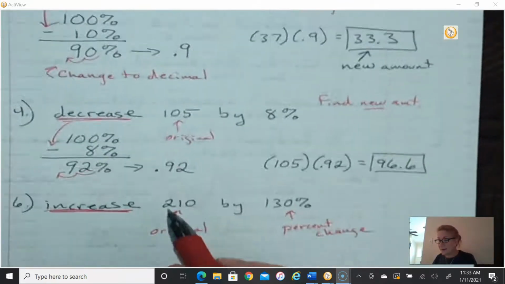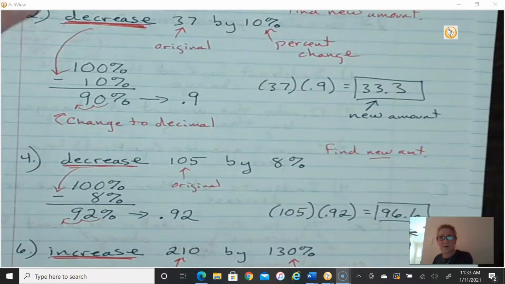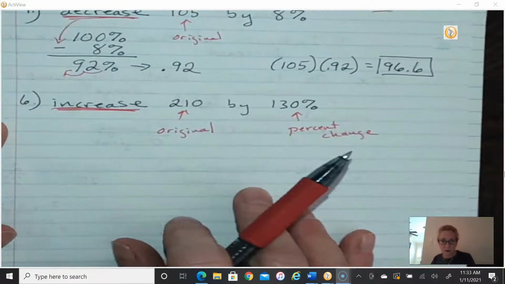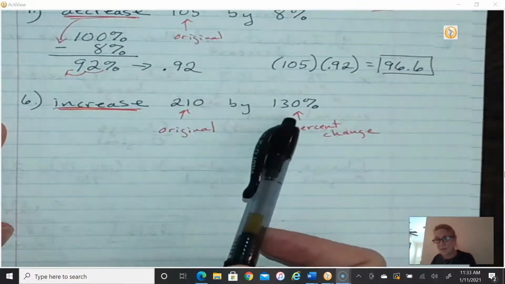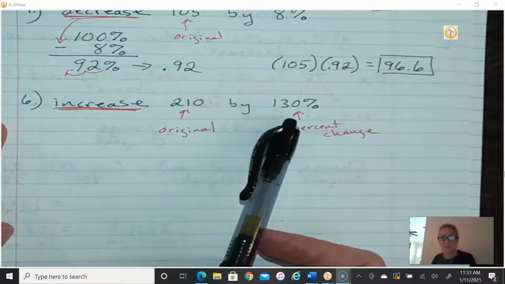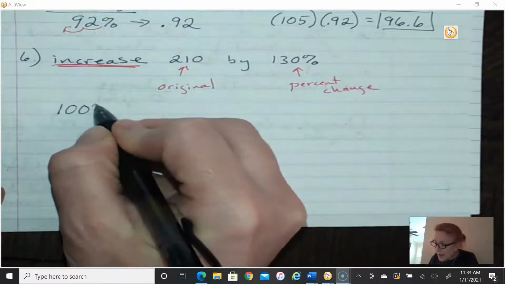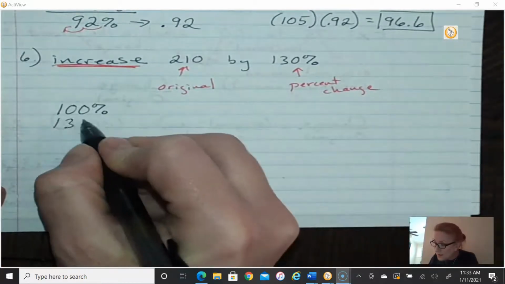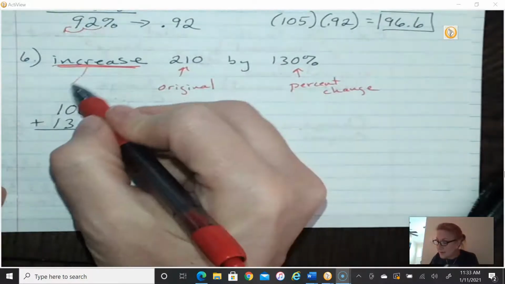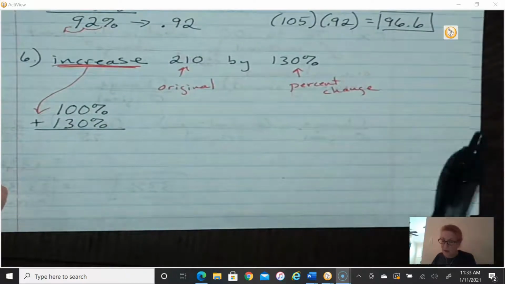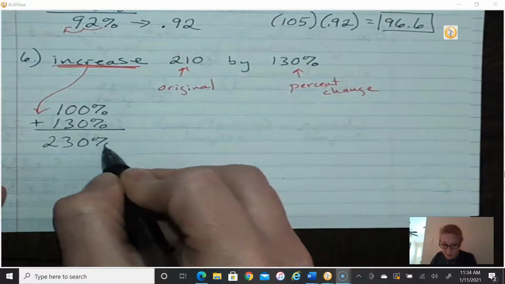Before, we did decrease, the amount decreased, and we subtracted both times. So if we're increasing, what do you think we're going to do? That's right, we're going to add. So what are we going to add the percent change to? What number? That's right, 100%. Because we're increasing, we're going to add. So 100% plus 130% is 230%.